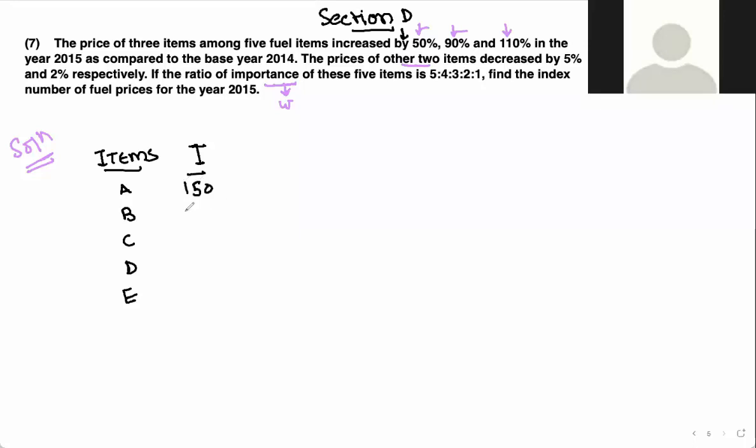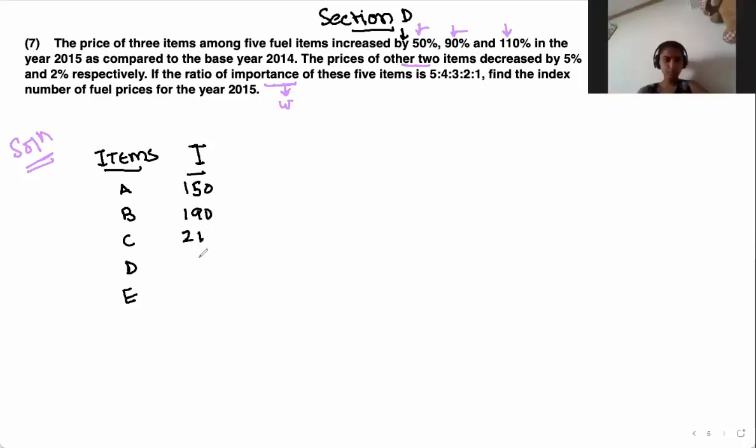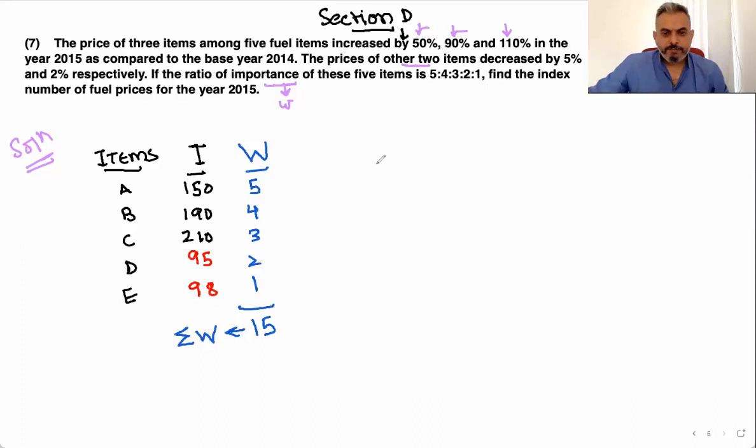So 150, 190, 210. Then decrease by 5%, so 95, and 2%, so 98. Weight, importance, 5, 4, 3, 2, 1. Total 15. Sigma W. Now let's find out IW.